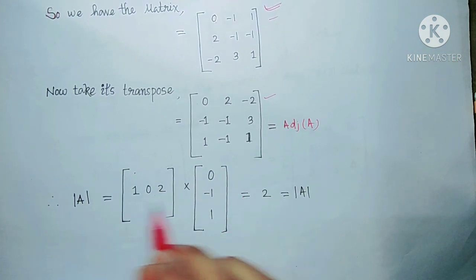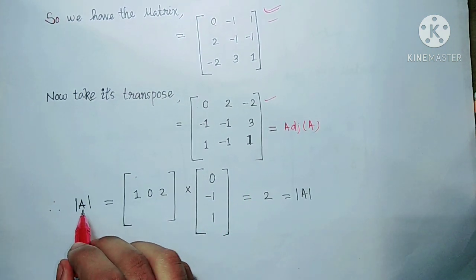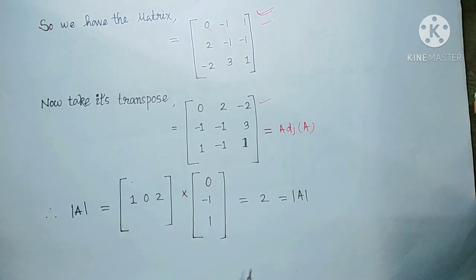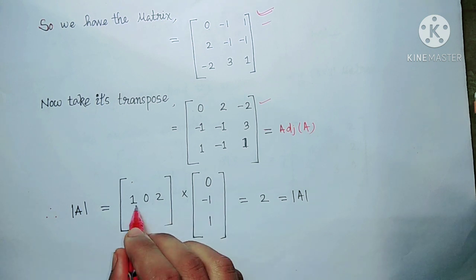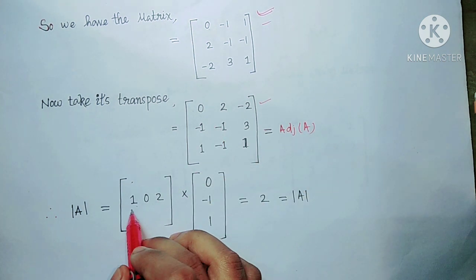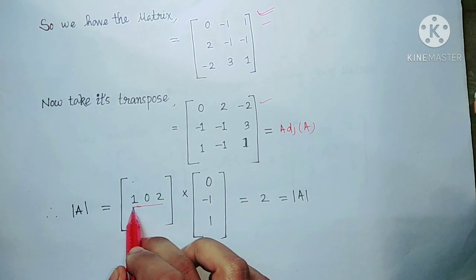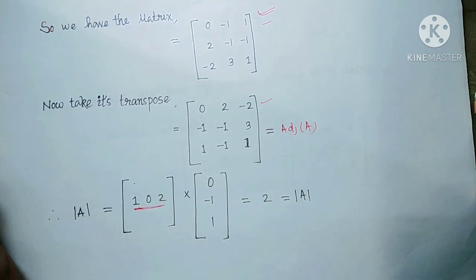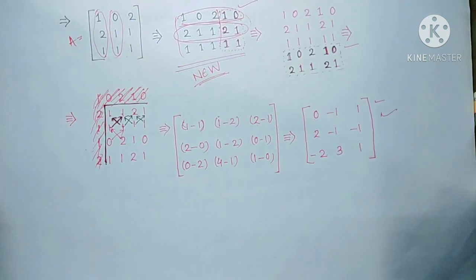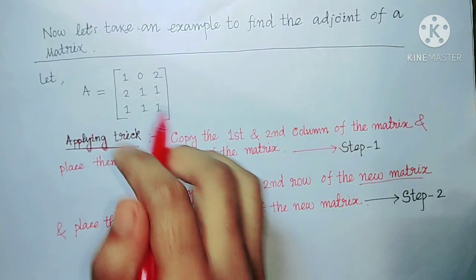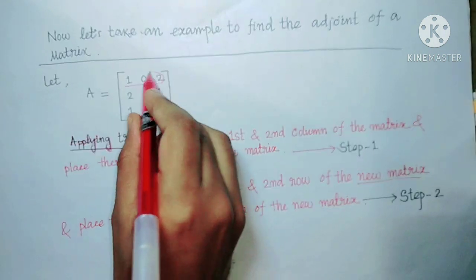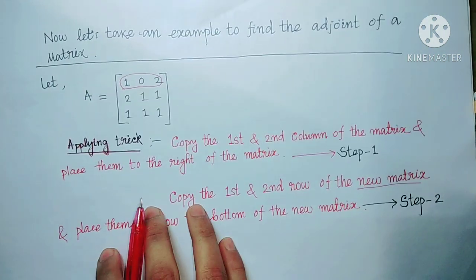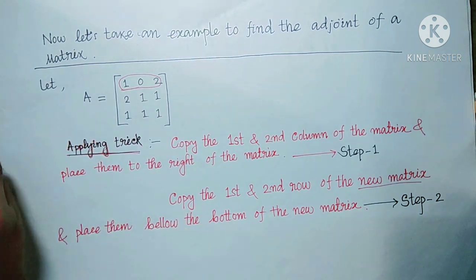Now the determinant of the matrix A, according to our trick: 1 0 2 is the first row of the matrix.